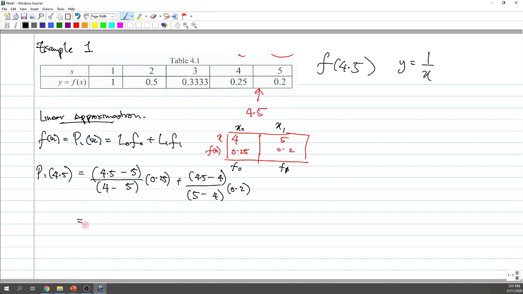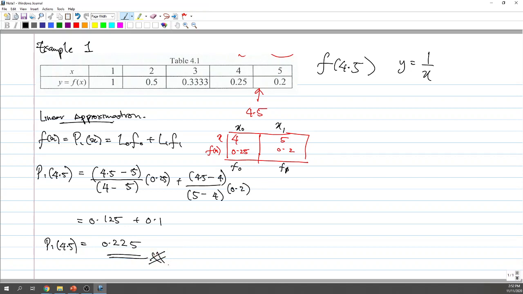It's equivalent to 0.125 plus 0.1, and that's equal to 0.225. So this is the equivalent P1(4.5).